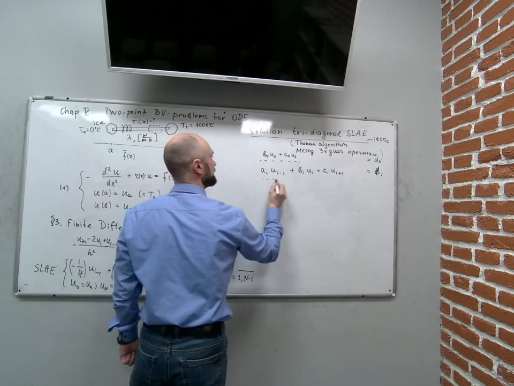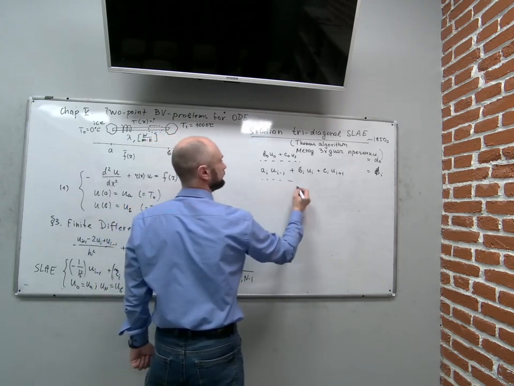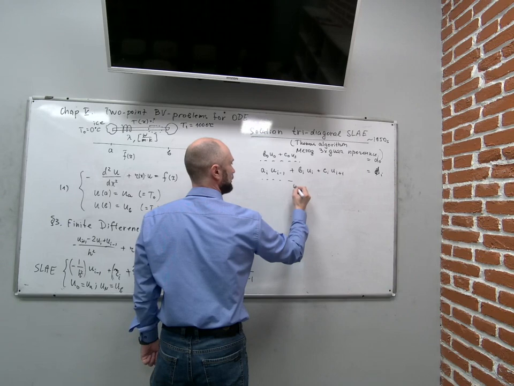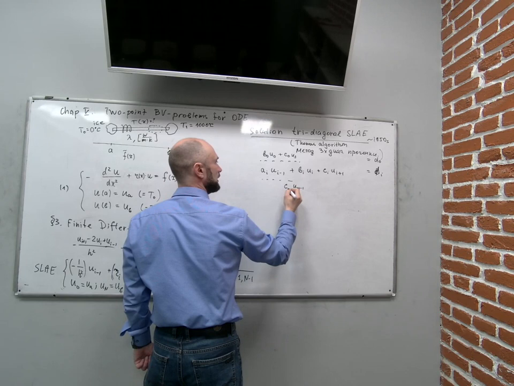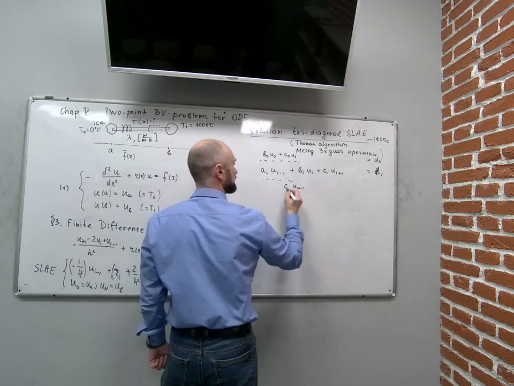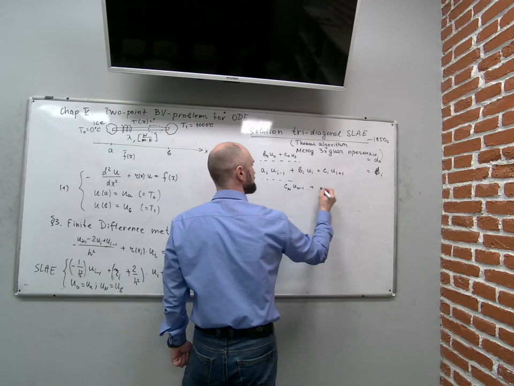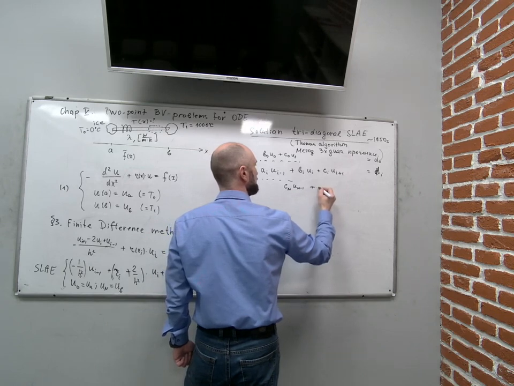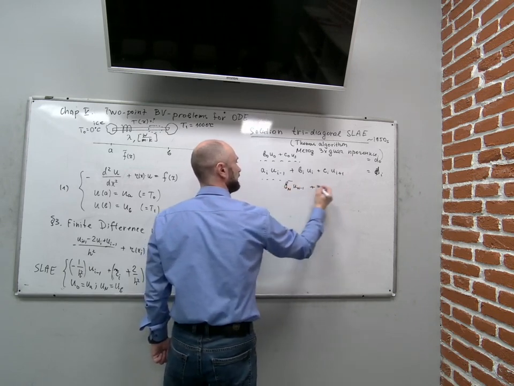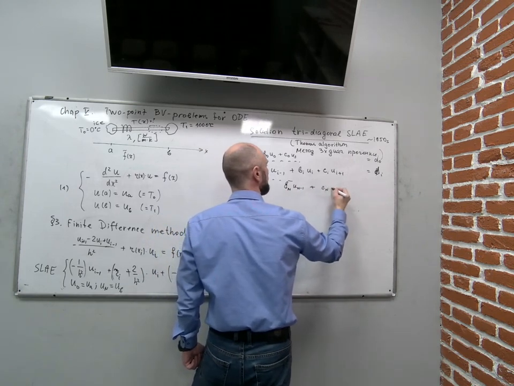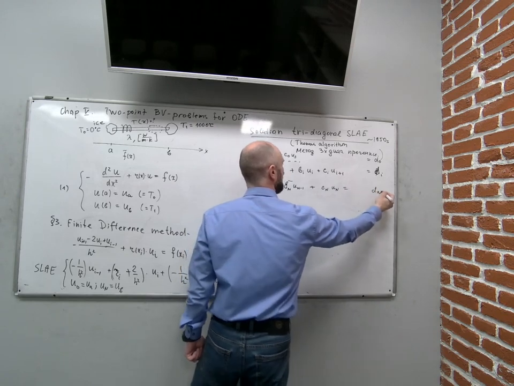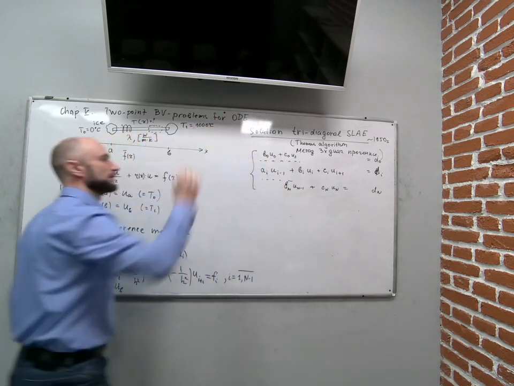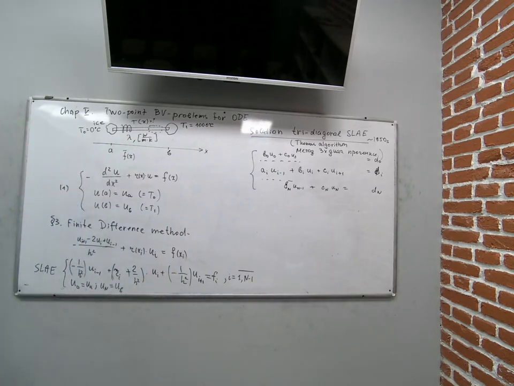and the last equation would look like this: a_n u_{n-1} plus b_n u_n is equal to d_n. This is the general form of the tri-diagonal linear equation system.